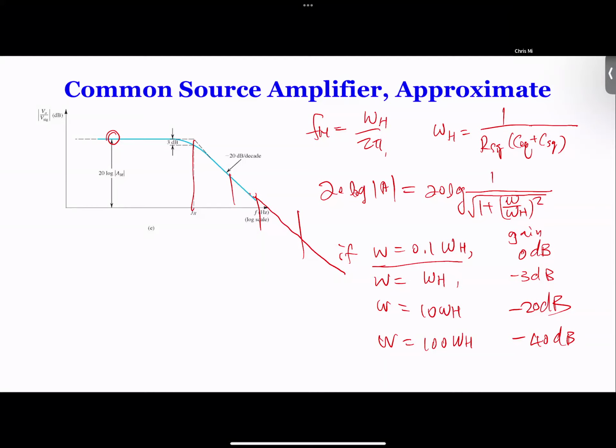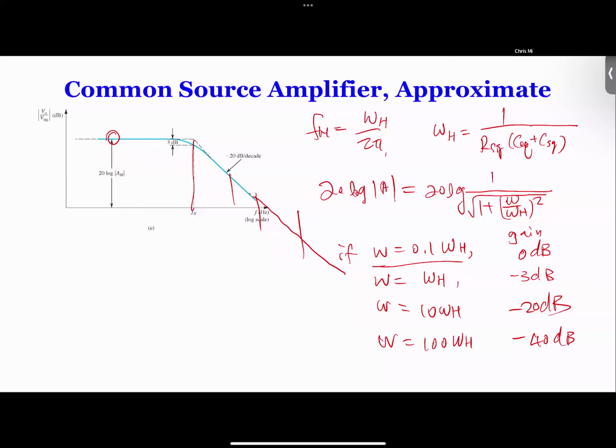That's why it's linear. We call this line minus 20 dB per decade. Later, next week, we're going to talk about the low frequency response. You're going to see that it drops 20 dB for every decade decrease of frequency. So we're basically going to the other spectrum. Now we are in the high frequency spectrum.